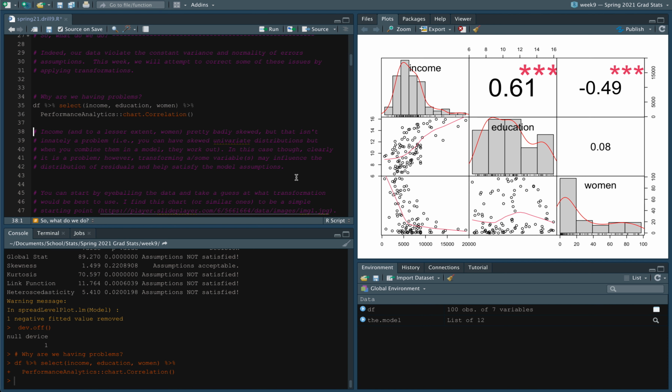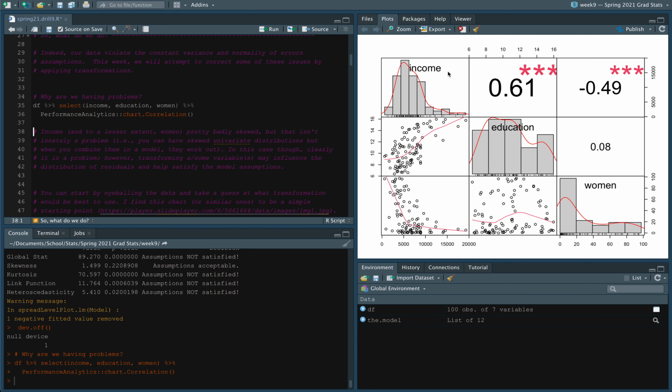Sometimes you can have skewed univariate distributions of your variables, but when you put them into the model, it kind of works out, and the residuals aren't skewed quite the same way.